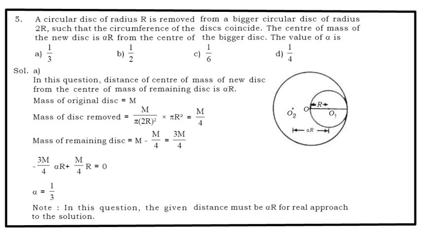If you observe, one of the moments I had taken negative. The reason is that these are two different bodies on two different sides of the center of mass. If one produces a clockwise moment, the other has to produce an anti-clockwise moment, so one sign has to be negative. If I solve the above expression, I get alpha is equal to 1 by 3. That is option A, which is the correct option.